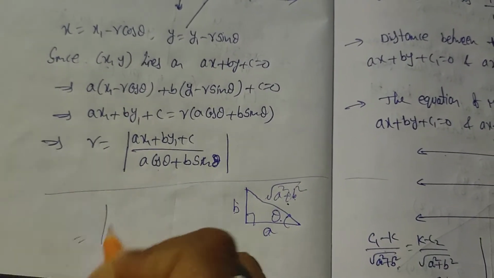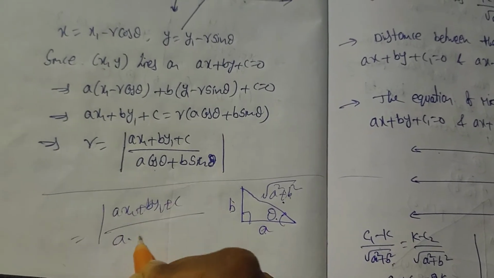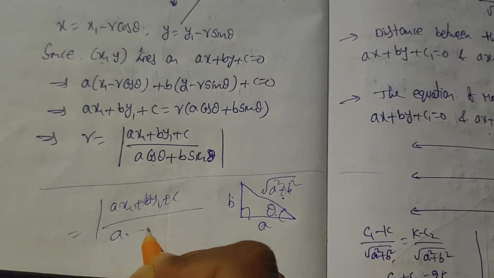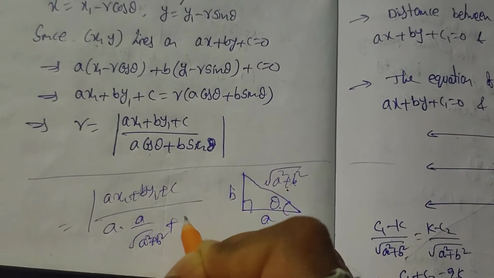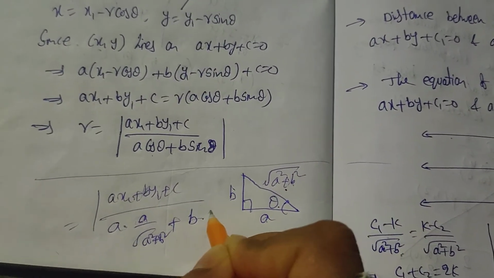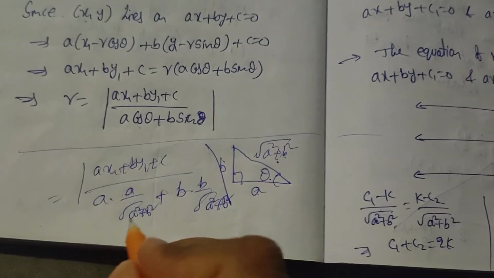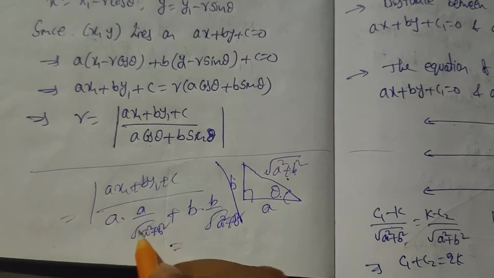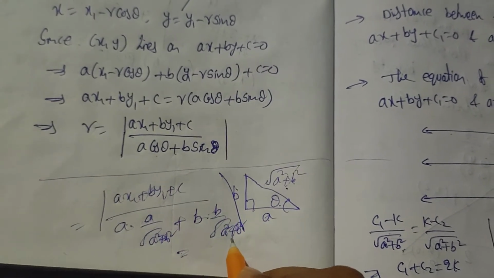So this is (ax1 + by1 + c) divided by a into cos theta, which is a by root over a square plus b square, plus b into sin theta, which is b by root over a square plus b square. The numerator is the same, and the denominator is a square by root over a square plus b square plus b square by root over a square plus b square.